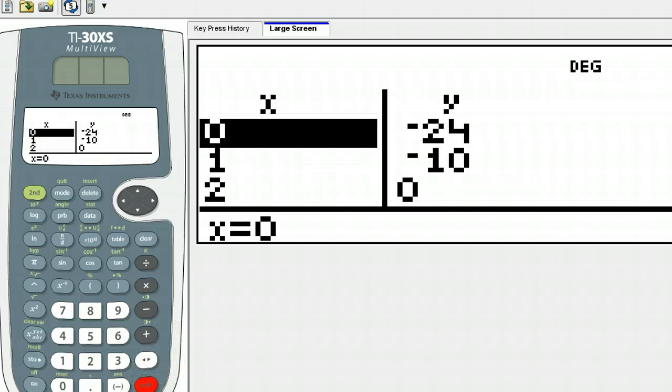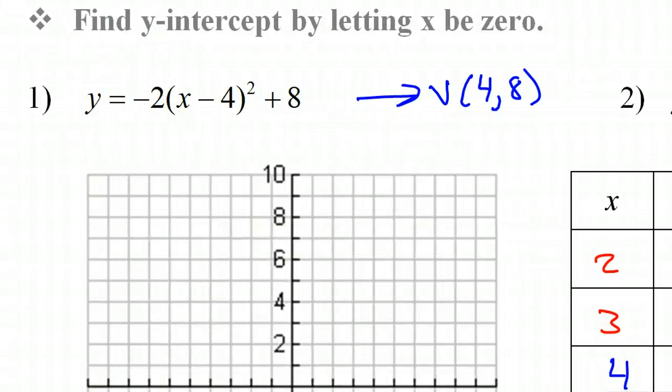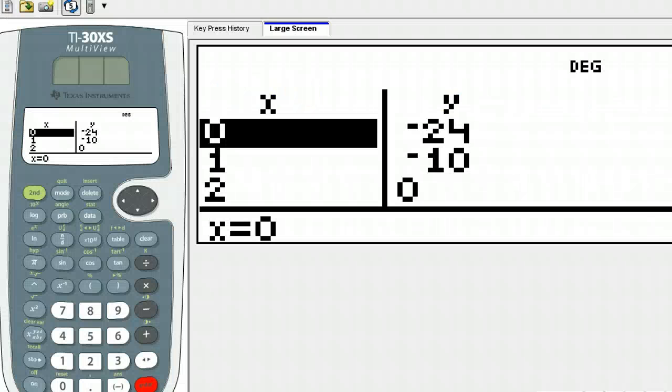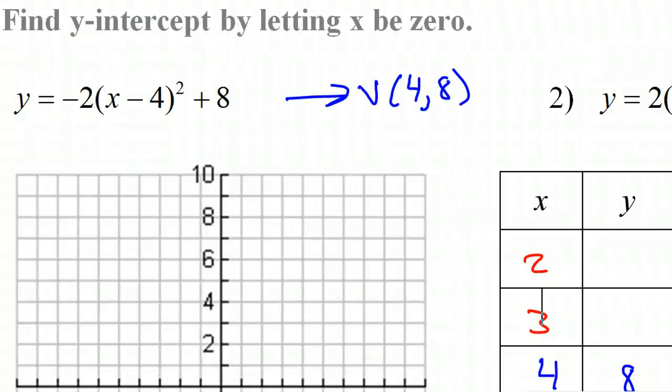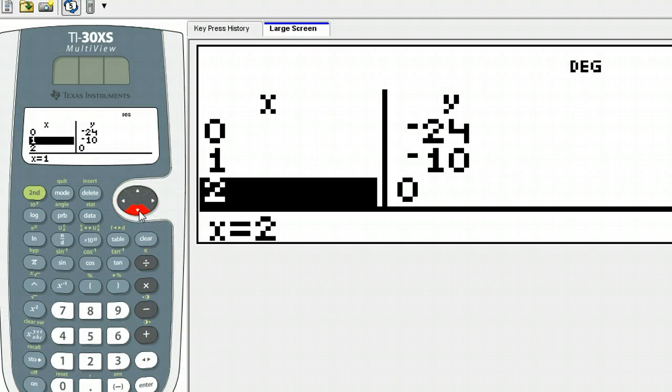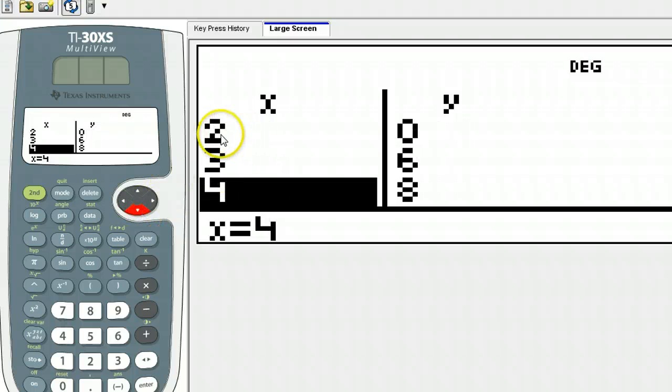Okay, so here we are. Our chart starts off with an x value of 2. So let's scroll down to that 2. Okay, so it's 2 comma 0.